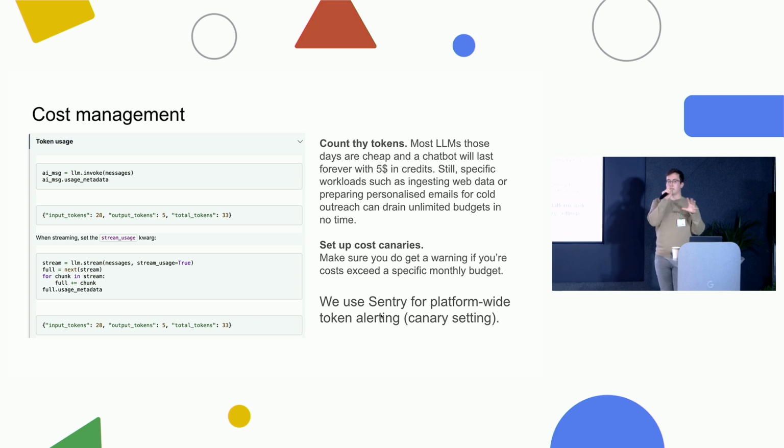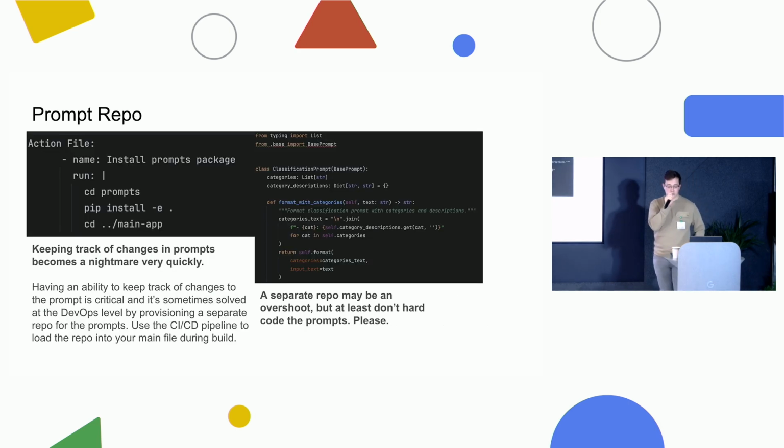In our case, we have a lot of different alerts, but this is a particular one. We have the canary to give us a warning that, okay, you used more than 1 million tokens this month. Maybe you should think about doing something, which is fairly useful. Another thing, which we found out the hard way, is prompts are a mess.